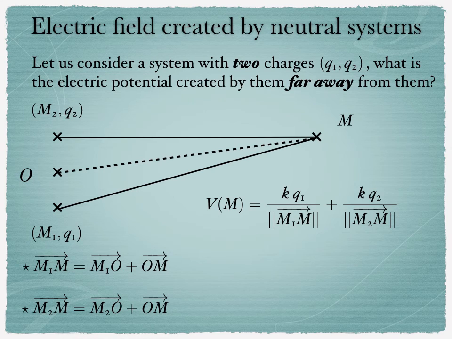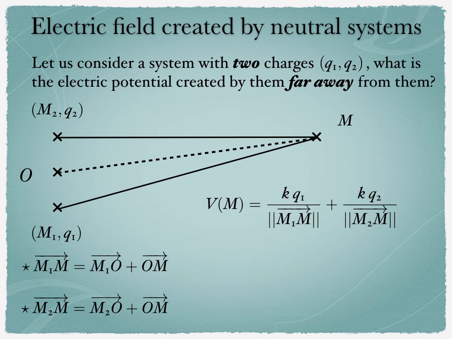This is simply basic vector algebra, where you know that if you have an intermediate point, you can add up two vectors and they will give you the hypotenuse of the corresponding triangle. You can do the same thing for the vector M2M, and that will give you that M2M is equal to M2O plus OM. Now, what I will do next is simply realize that the square of the norm of a vector is equal to the scalar product of the vector with itself.